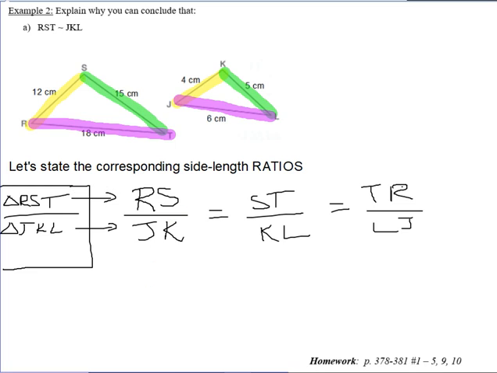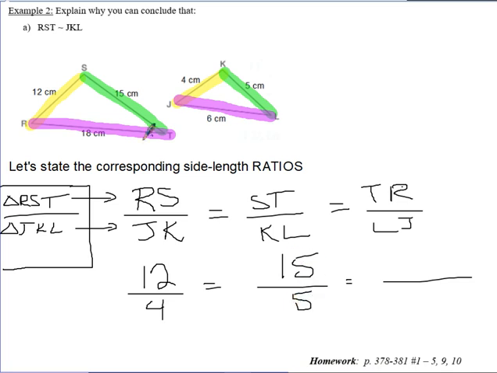Now let's fill in the blanks. RS is 12 centimeters, so that's 12, and then JK is 4. ST is 15. KL is 5. TR is 18. LJ is 6.